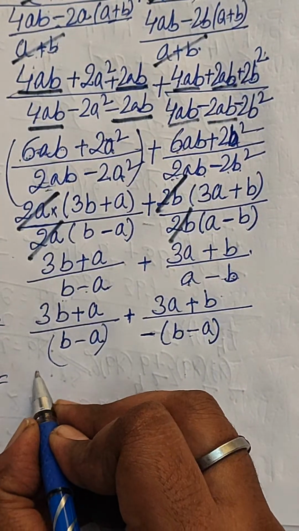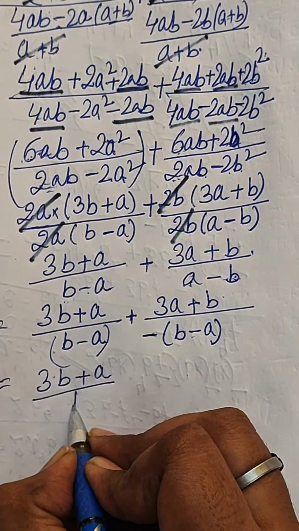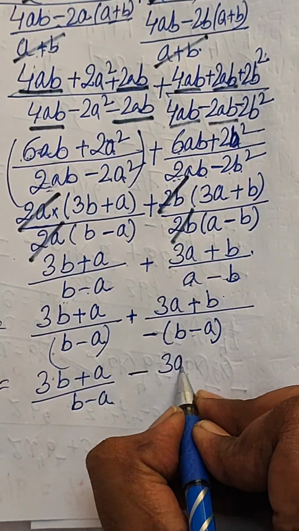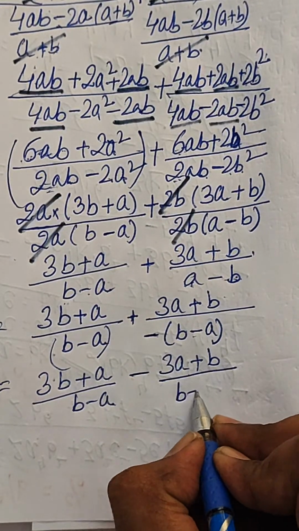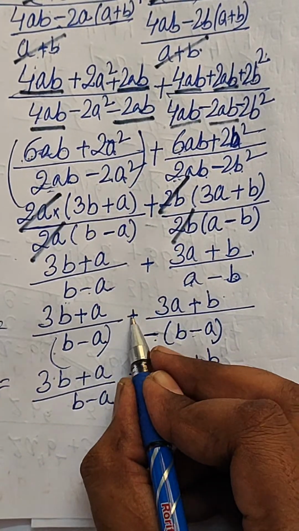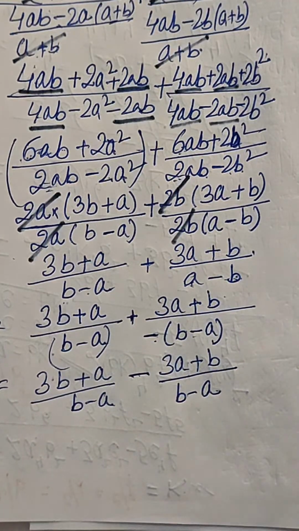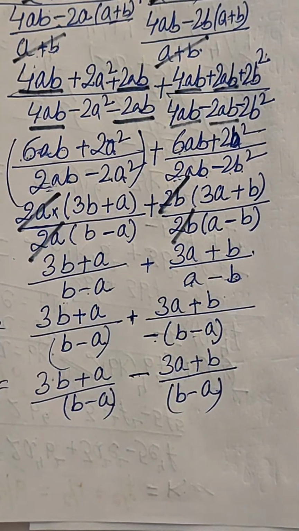Now this minus will divide this plus, and this plus will become minus, right? So it will look like this: 3b plus a by b minus a minus 3a plus b by b minus a. Now here you can see b minus a can be taken as an LCM.